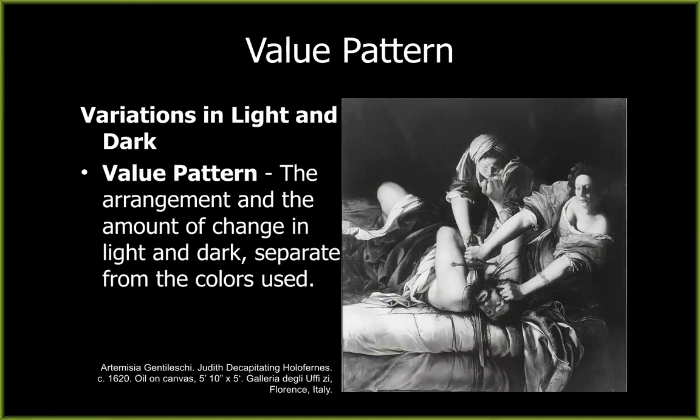But here it's been reduced to just lights and darks, and you can see how the artist used high contrast, really dark darks and really light lights to form these diagonal lines and these areas of heightened contrast. And there's a lot going on here. It's a very dramatic scene, and the way the artist has created the lights and darks reflects that.